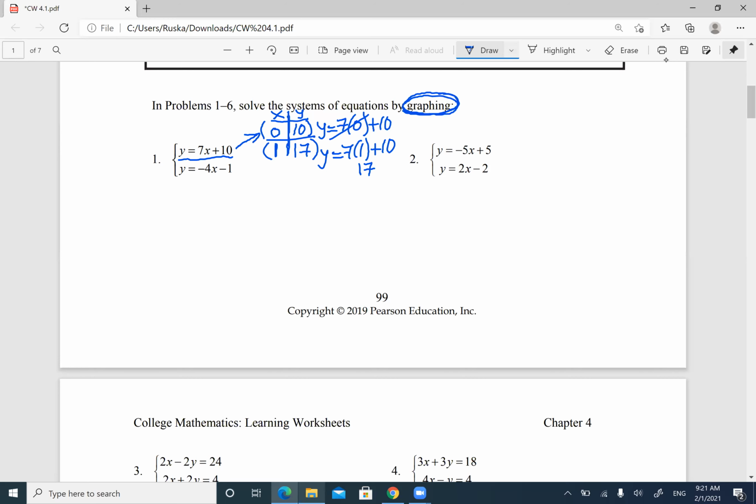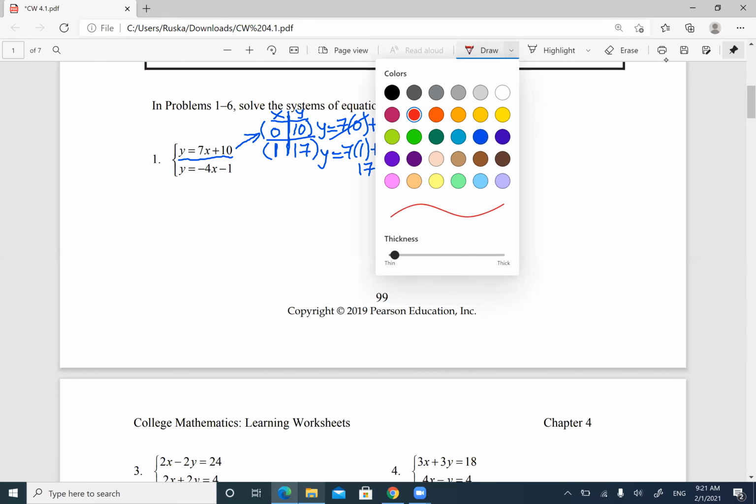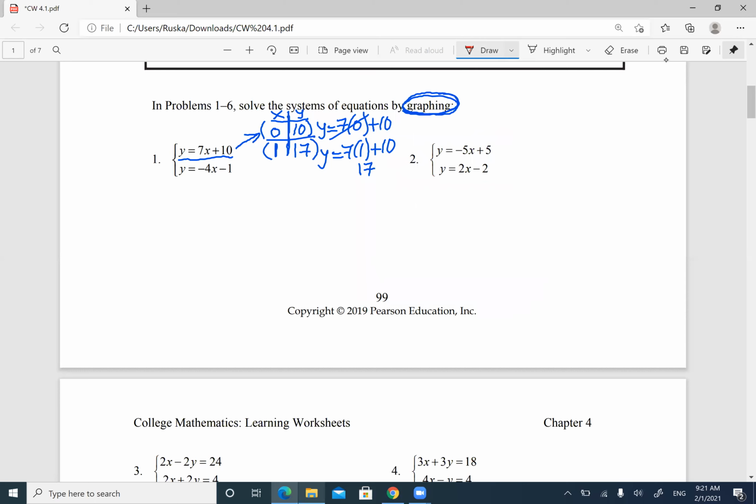After that, I need to graph the second equation the same way. I'm going to pick 2 numbers for X. This is my second equation, and I'm going to do the T table on this side. Again, I'm going to pick 0 and 1.